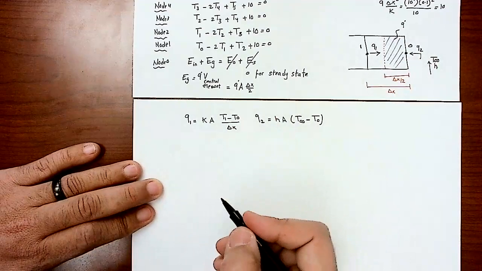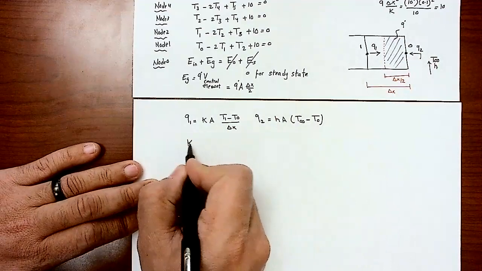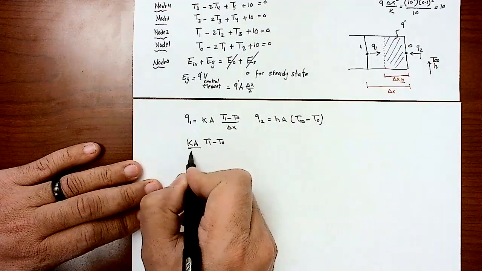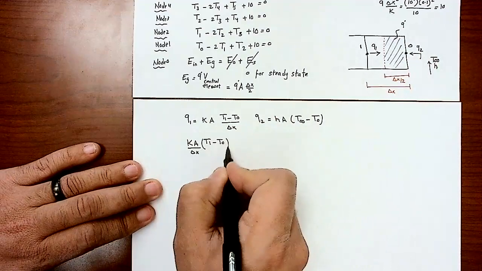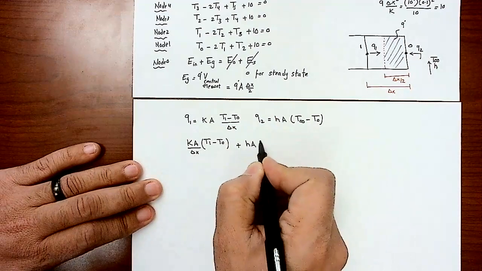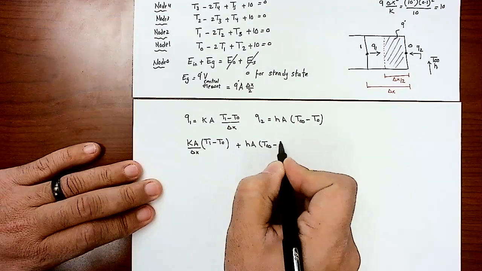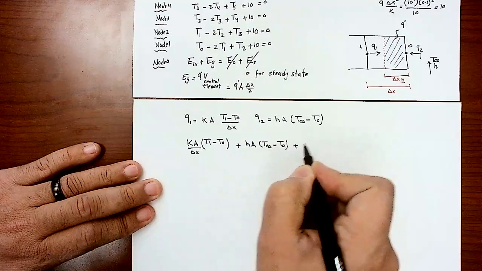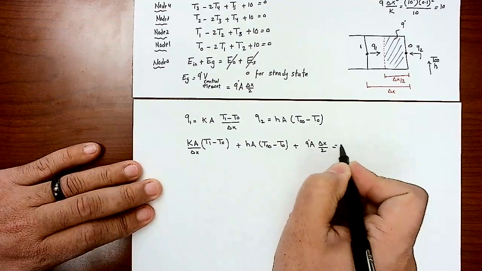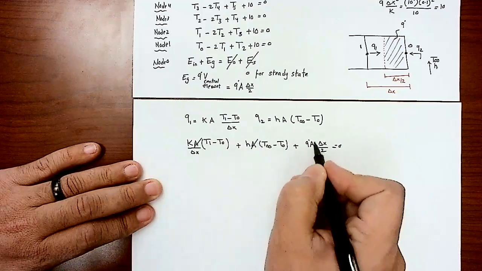Now, I will substitute into the energy balance equation. So it's K A T1 minus T node, I can divide that by delta X, plus H A T infinity minus T node plus Q dot A delta X over 2 equals 0. A will cancel out.